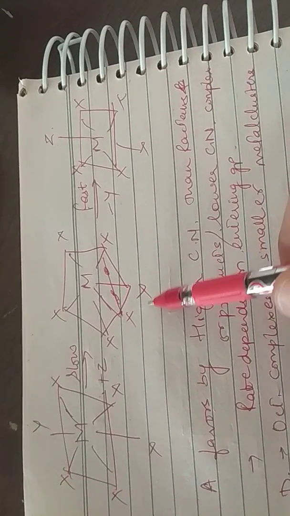Let's discuss the structural mechanism for it. We have MX5Y, and then the slowest step, which is the rate determining step as well, and we have 1, 2, 3, 4, 5, 6 and 7.